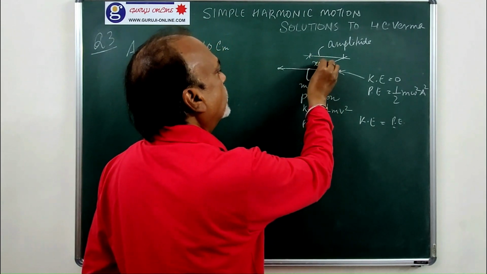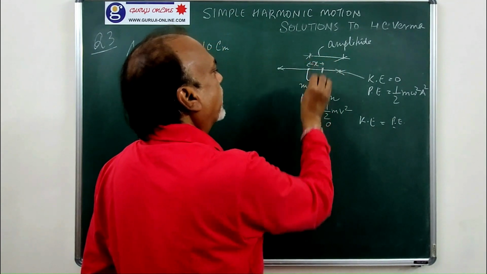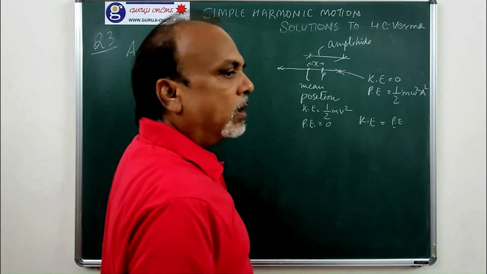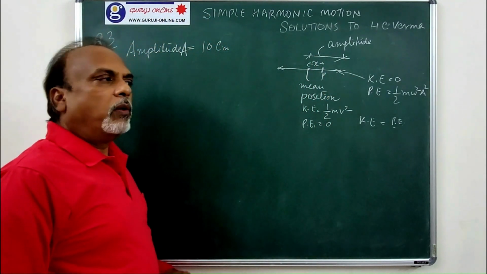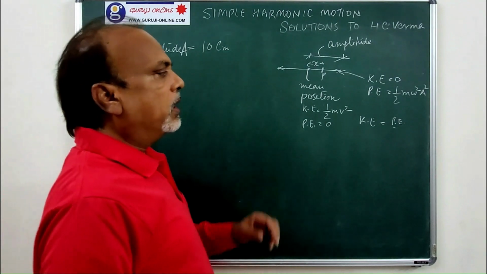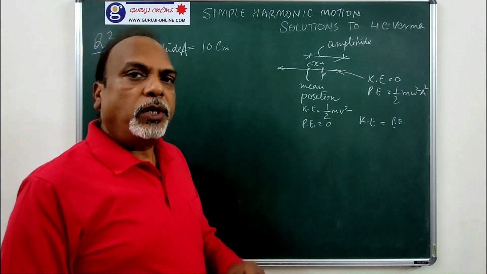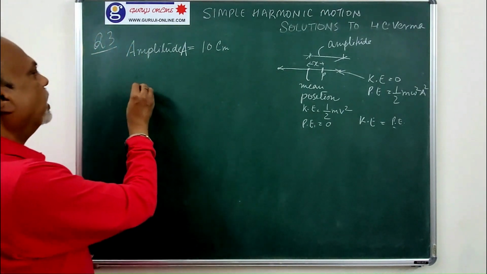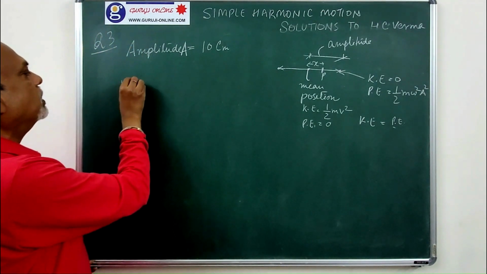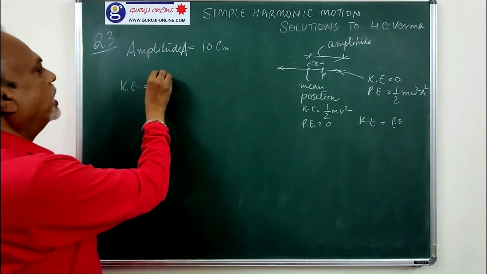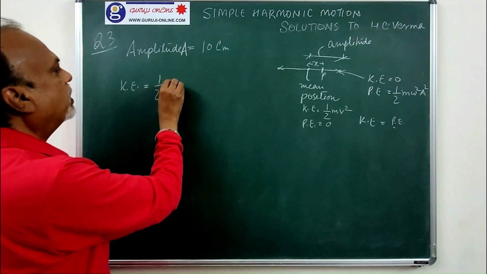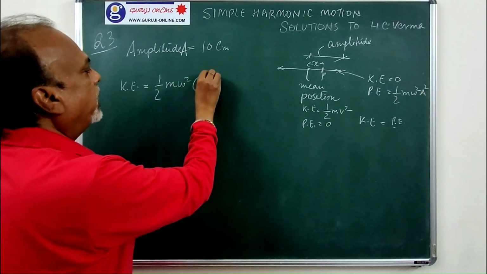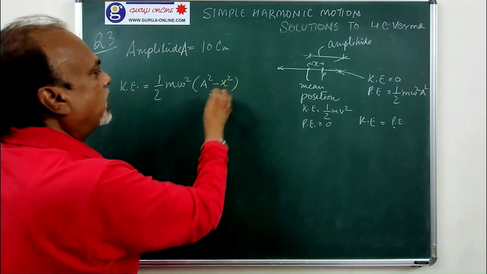Suppose this position is at x and this is point P, where we are assuming that kinetic energy is equal to potential energy. So at point P, what will be kinetic energy? Kinetic energy will be nothing but half m omega square, a square minus x square.